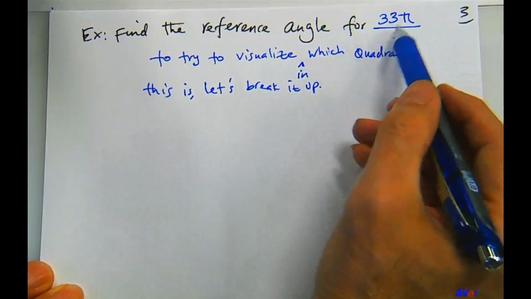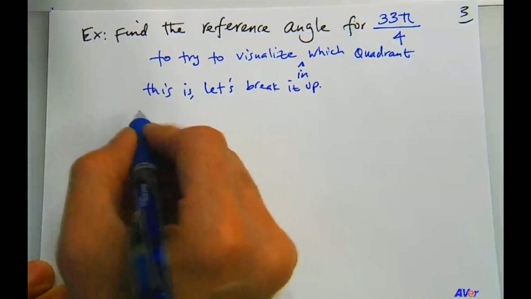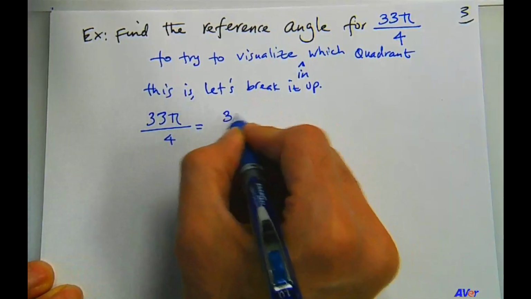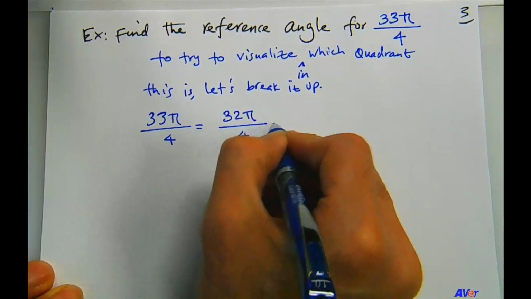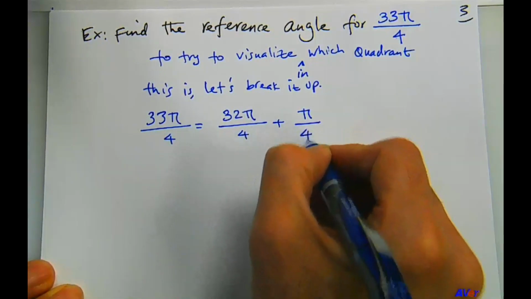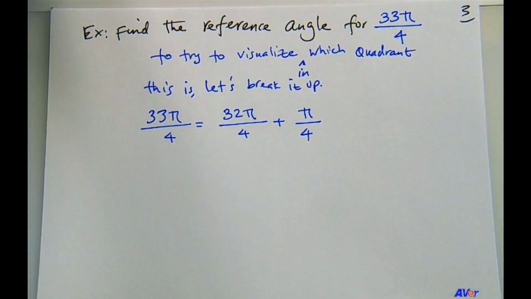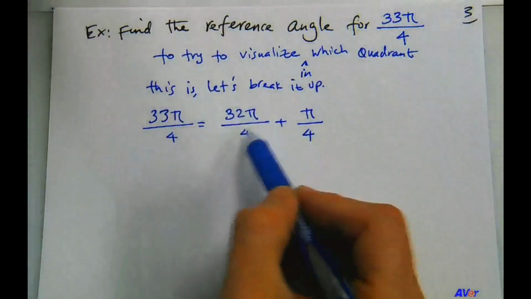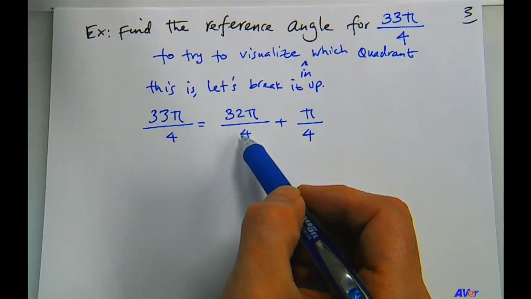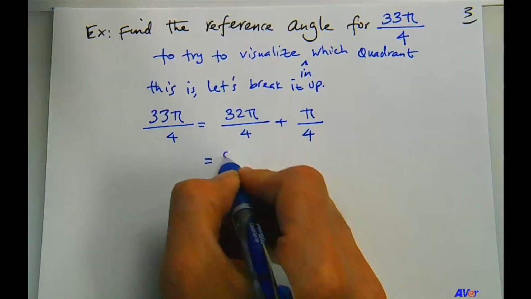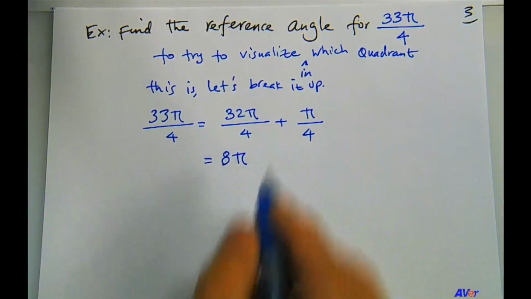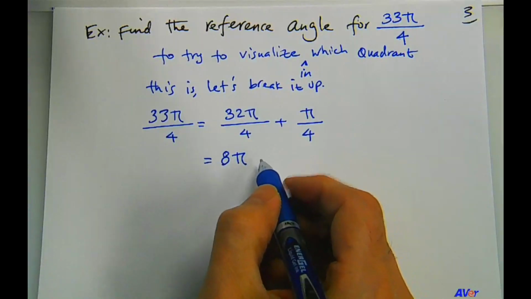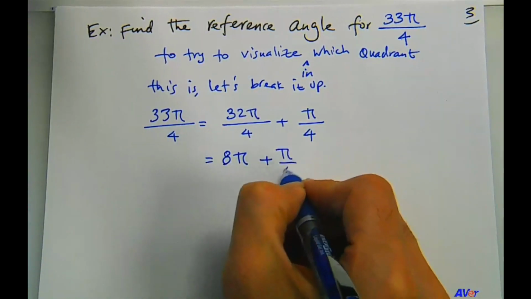Right? 33 pi over 4 is equal to 32 pi over 4 plus pi over 4. So 32 pi over 4, what is that? That is 8 pi, right? Several revolutions around the unit circle, plus pi over 4.